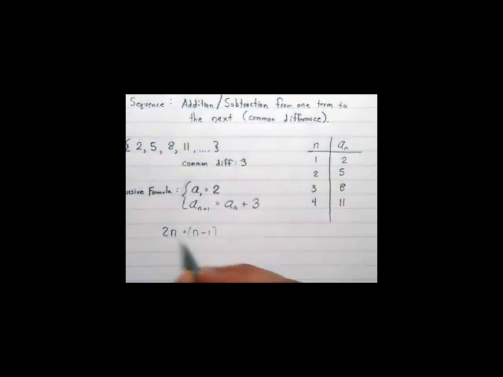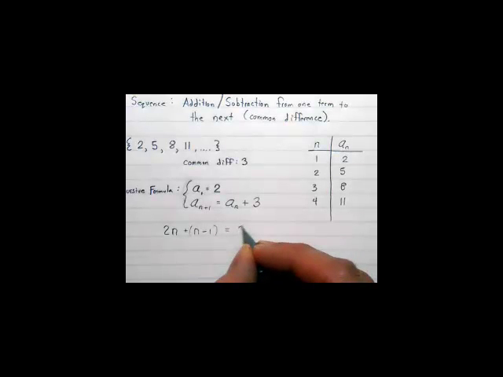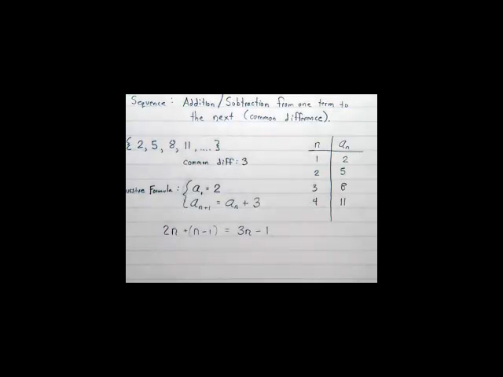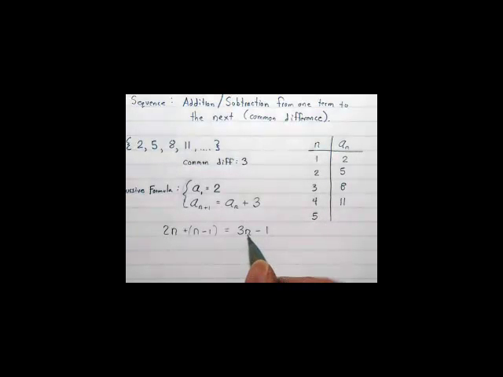So what if we simplified this a little bit? We'd have 3n minus 1. Well, let's keep trying that out. If we had, let's say a 5, let's use the equation here and see if this works.